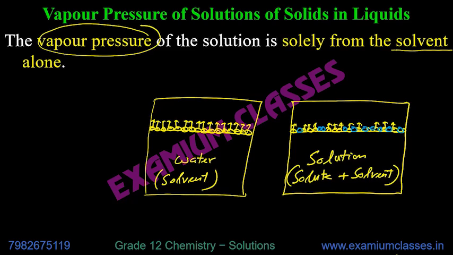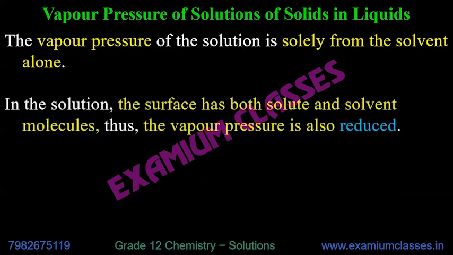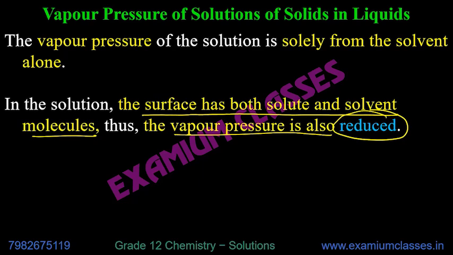This diagram should be clear. In the solution, the surface has both solute and solvent molecules. Thus, vapor pressure is reduced. Why? Because now a fewer number of molecules of solvent can get vaporized. Some spaces have been occupied by non-volatile solute.